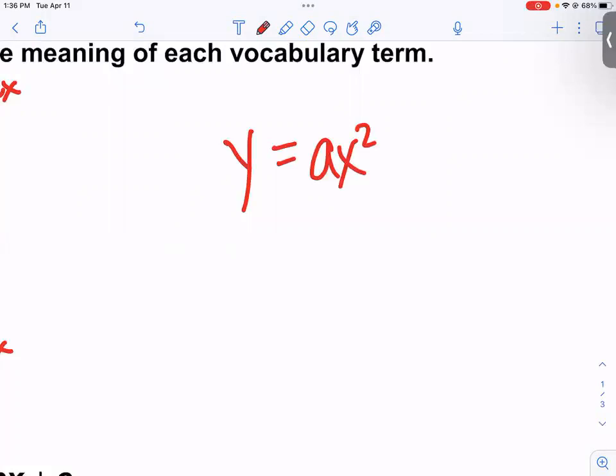Then we talked about adding C or subtracting C, and how does that affect our parabola? It moves up or down. Okay. So now here's the deal.